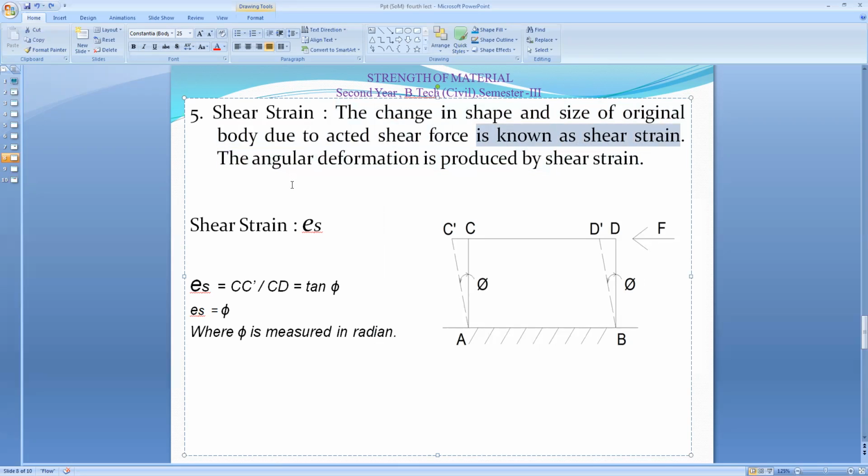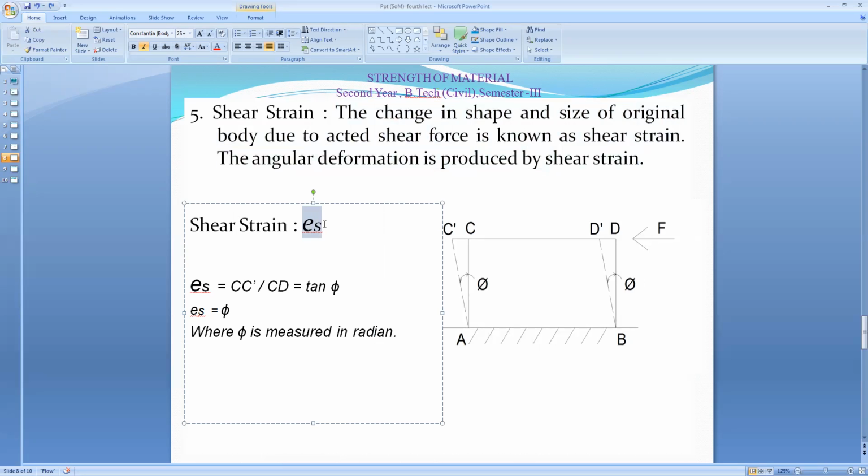Then how to calculate the shear strain? By using the equation, the shear strain is indicated as small e small s. Take the change in shape with respect to the original body, meaning take the distance C to C dash divided by the original length C to D, the change in dimension divided by the original dimension.